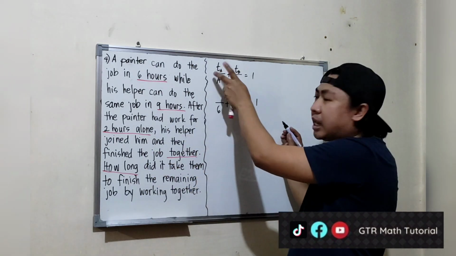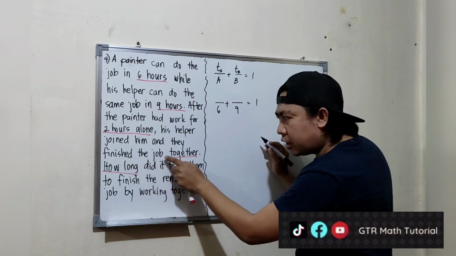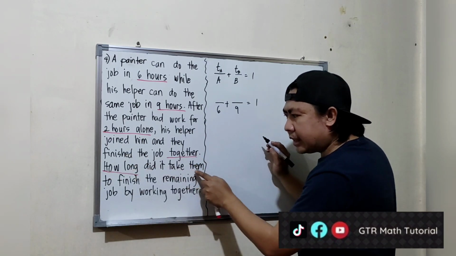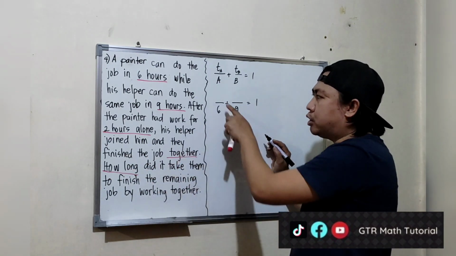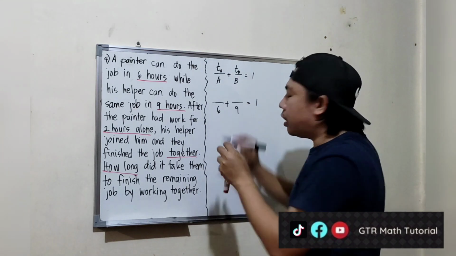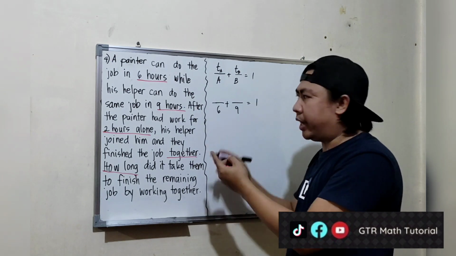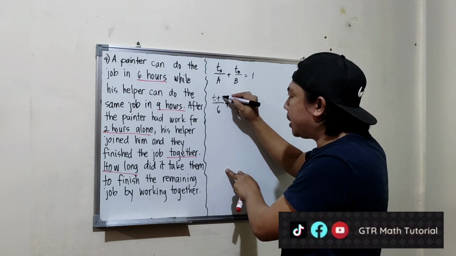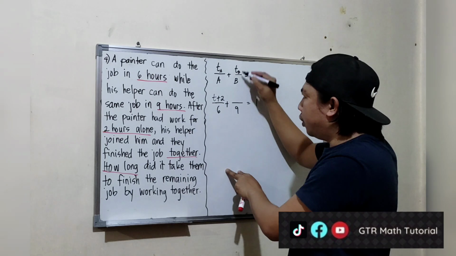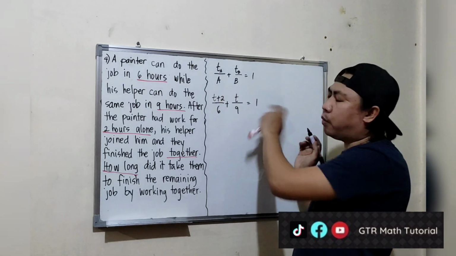So parehas yung time nila together. So they finished the job together. So how long did it take them to finish the remaining job? So si painter nauna siya ng 2 hours. So therefore, let T yung time nila together. So this will become T plus 2. And then, for the helper is T. So, this is our working equation.